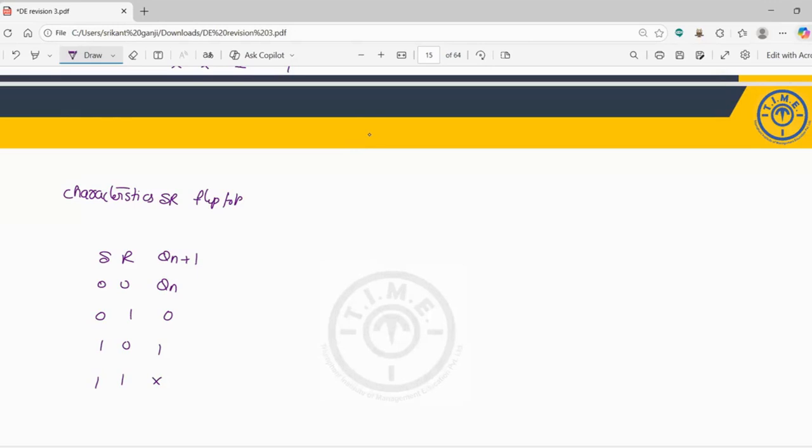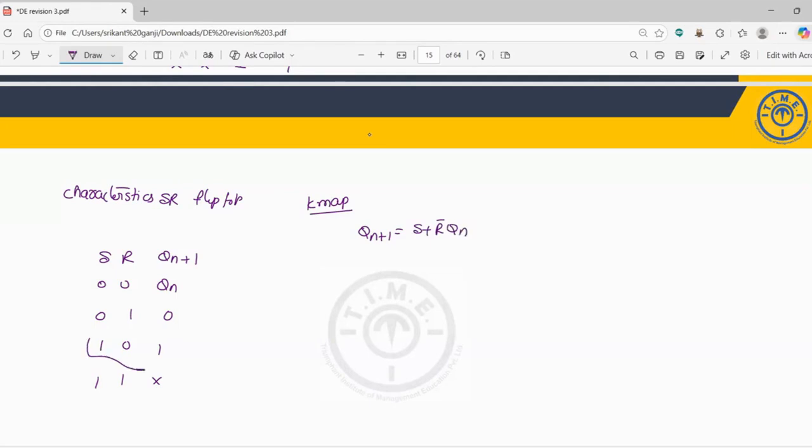You should find out the K map. Otherwise, I can write the equation directly: Qn plus 1 is equal to S plus R bar Qn.